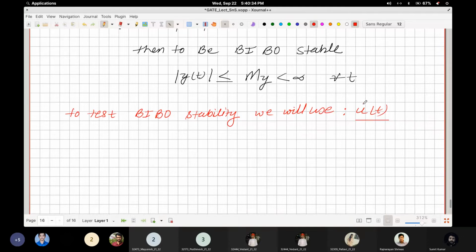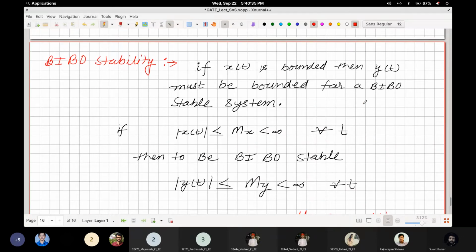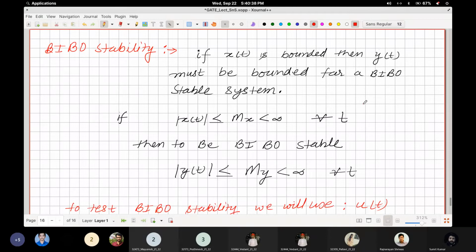And to understand BIBO stability, you can use this analogy of a sane person, right?